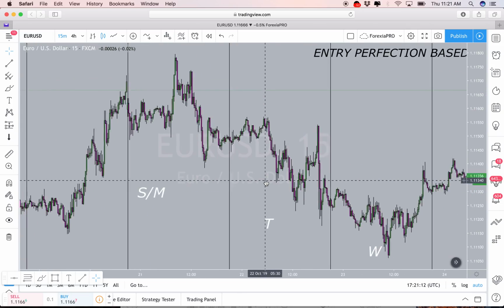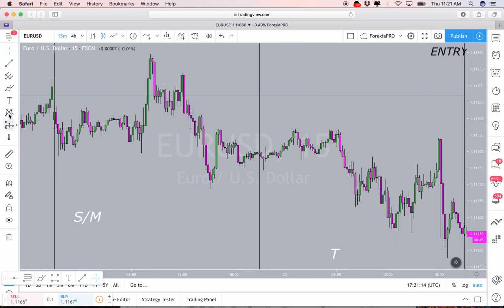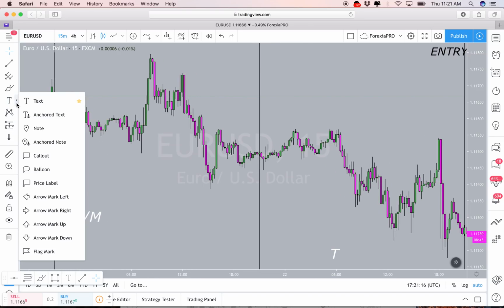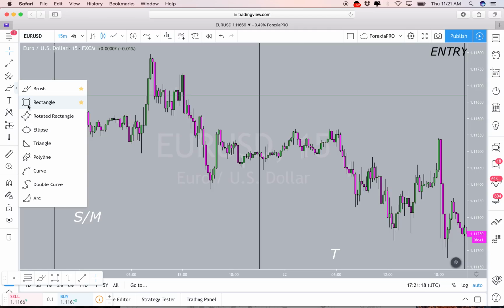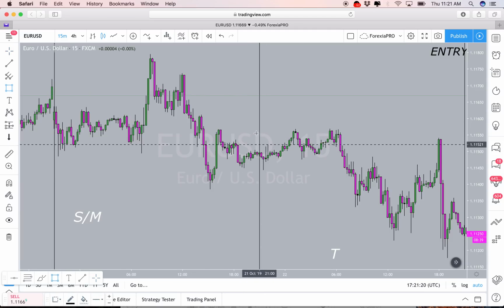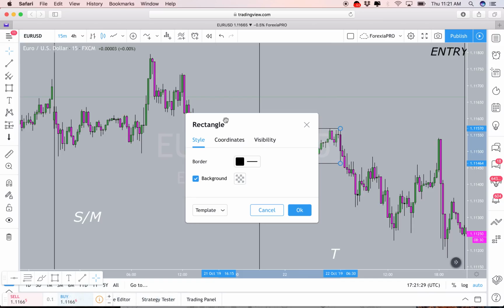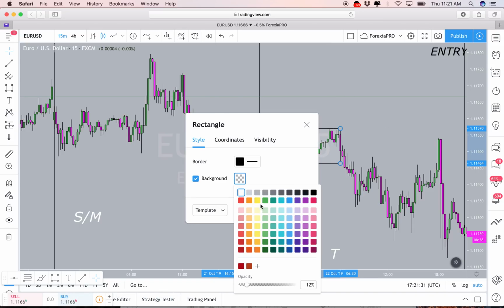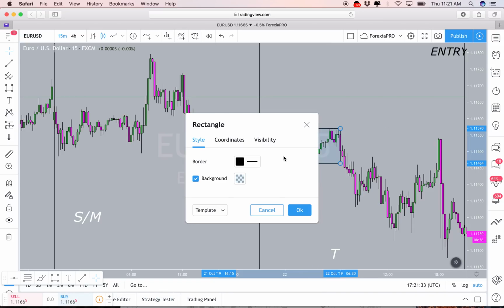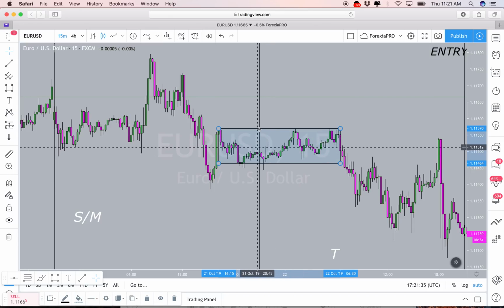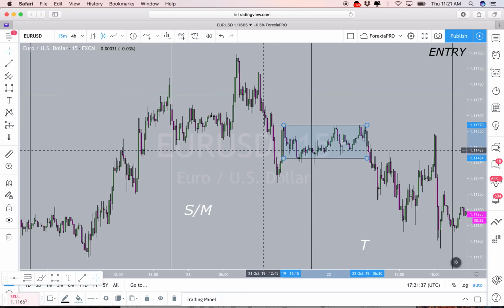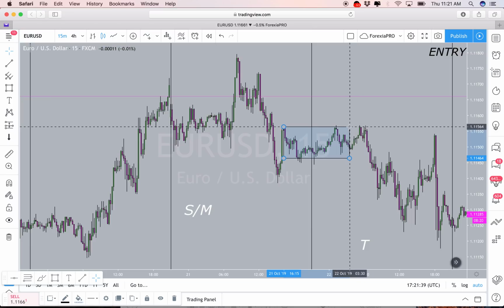What we're going to do now is mark out Asian session consolidation. Very important that we have these session markers here because, for example here, the consolidation is almost always going to be right in the middle of this session break.